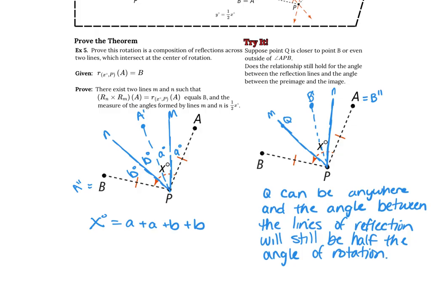Okay, so we can put Q anywhere, and our angle between the lines of reflection will still be half of the angle of rotation.